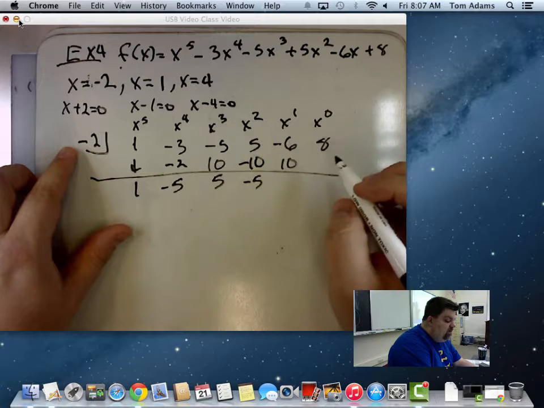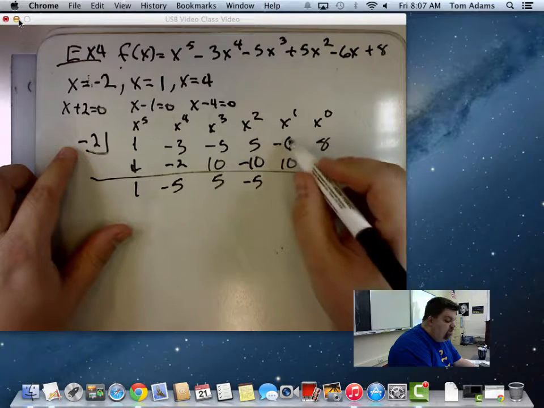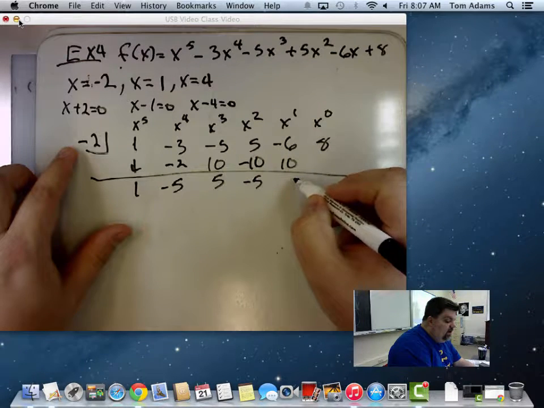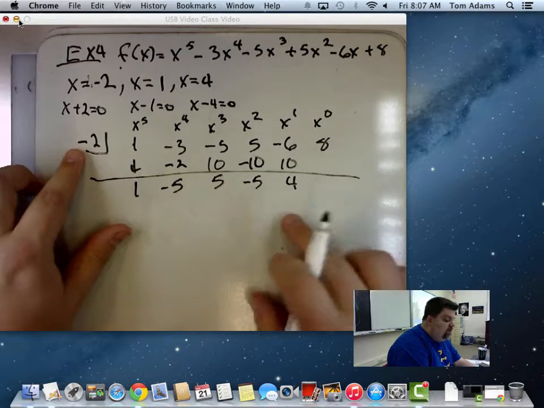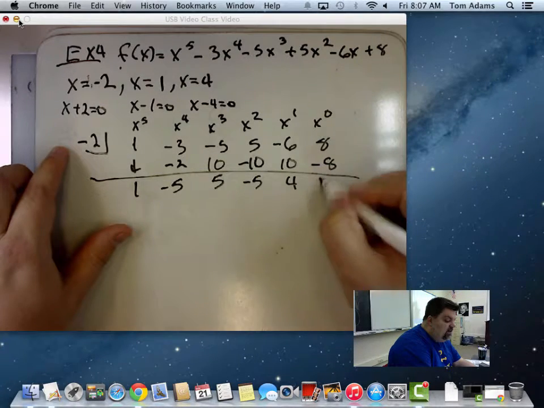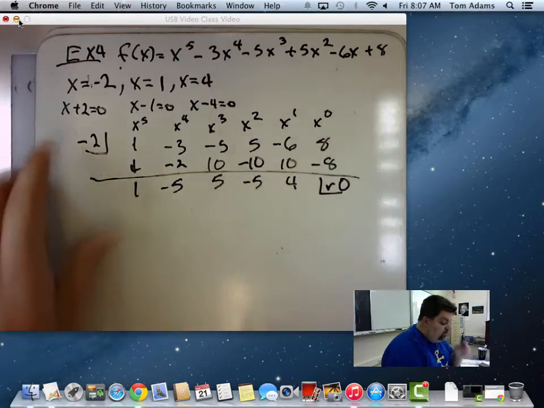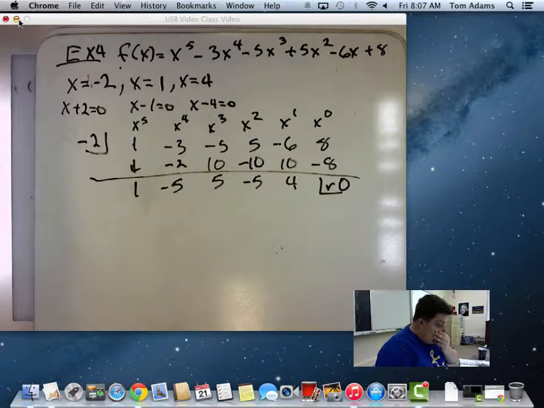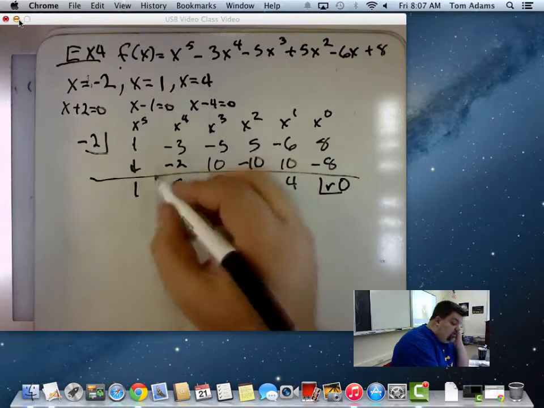Oh, this is supposed to be a negative 10, so with the negative 6 this becomes positive 4. Negative 2 times positive 4 is a negative 8. This is my remainder of 0. So that goes into it for sure.